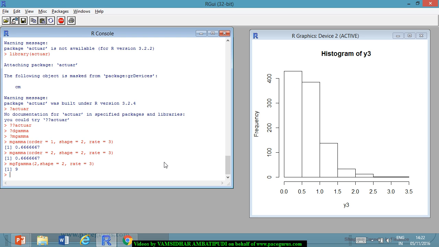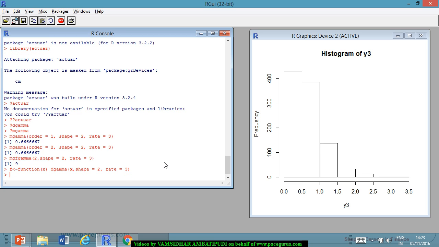So let me create one single function, let's say f, which is the original function itself. So let me take a function of x. This is a function of x which is the dgamma, the probability density function of x with the shape equal to 2 and rate equal to 3. This is the density function associated with x. Now I want the density function associated with x squared.